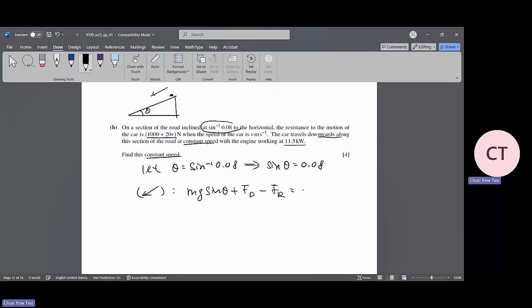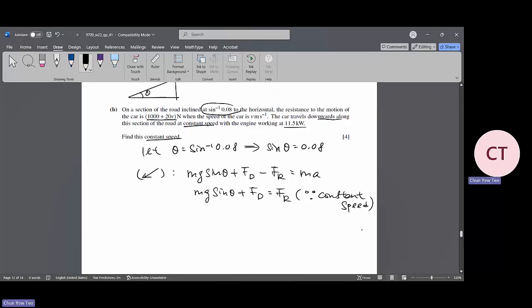It will be equal to the MA. So you will have that the mg sine theta plus the FD is equal to the FR. Why? Because of constant speed.